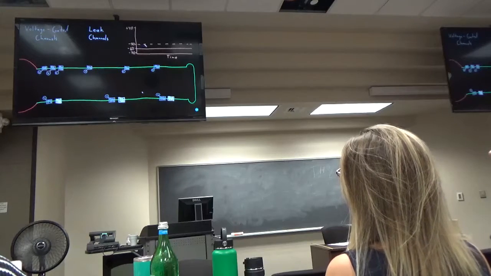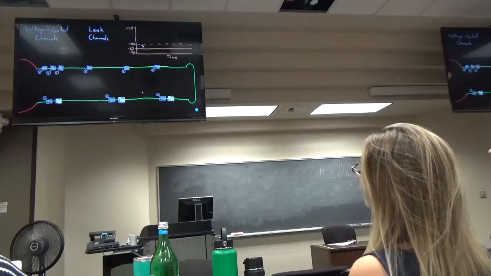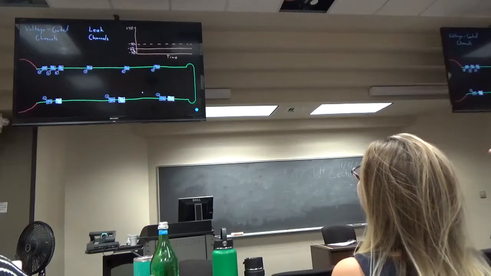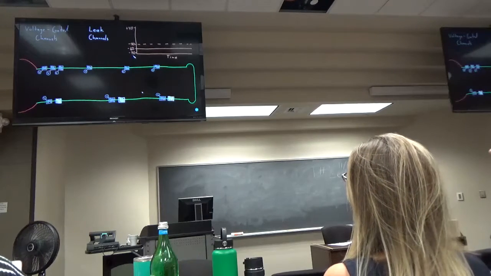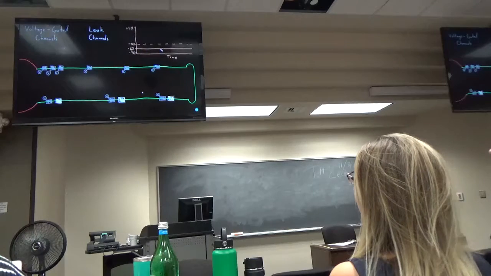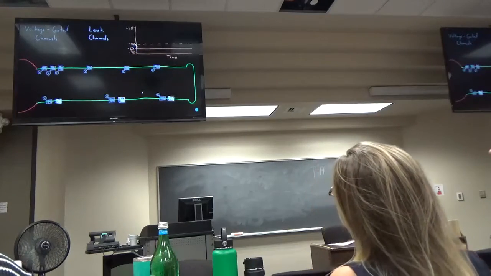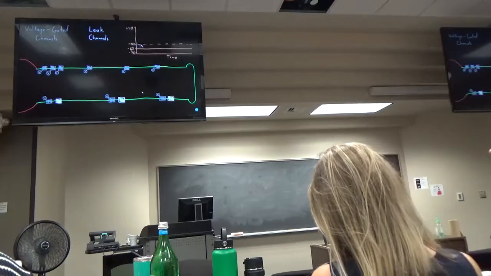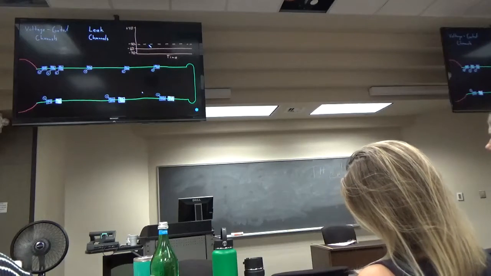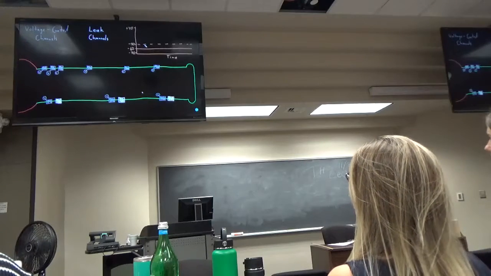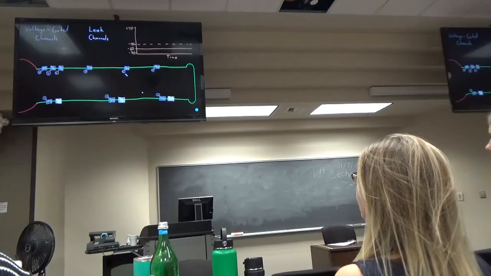So we talked about the threshold potential before, and all of these numbers may vary between different types of neurons, but these would be fairly common values. So many neurons would have a resting membrane potential of around negative 60 millivolts and a threshold potential of around negative 50 millivolts or so that I've drawn with a dashed line. And the importance of this threshold potential is that it determines if these voltage-gated ion channels will open.